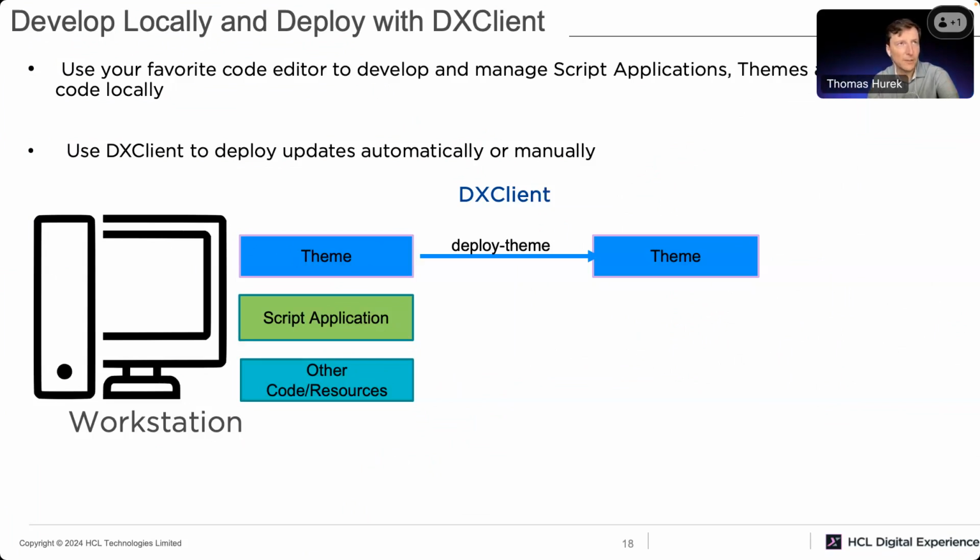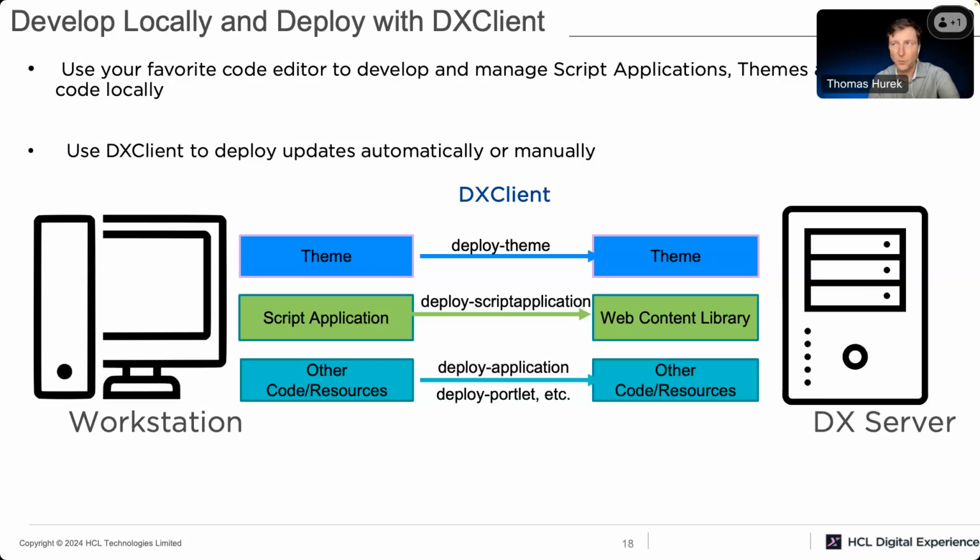And there's all kinds of commands that we have bundled in DX client that you might have used separately before. Maybe before you were using XML Access, separately you were using WebDAV, you might have used WebDAV Toolkit or similar for development. We have tried to bundle all of that capability with DX client.